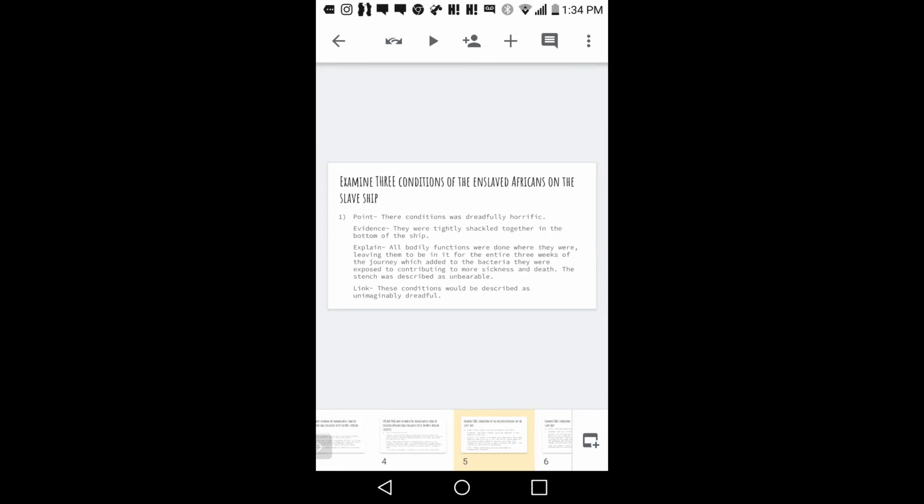And so your point should be that one of the conditions of enslaved Africans on the slave ship was the spread of diseases, or that they were very sick, or something to that effect. Then, as part of the evidence, you name some of the sicknesses they would have gone through. Some of them vomit, some of them yellow fever, whatever it is.